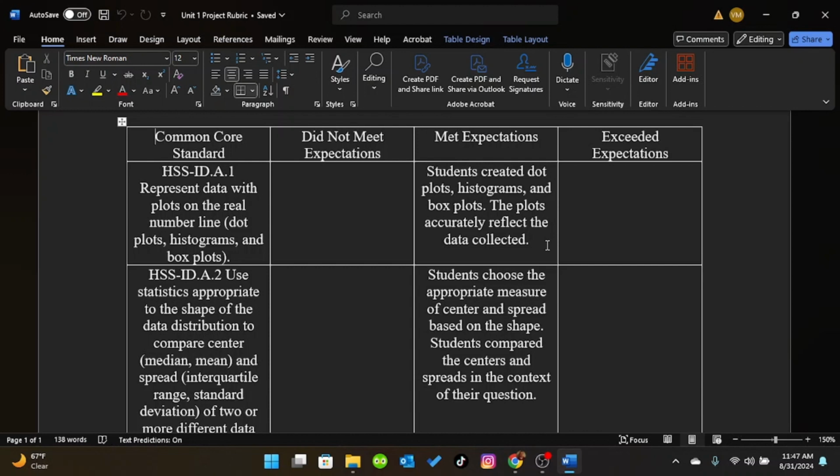Think about what you could do to make that better, easier to understand, more engaging, more entertaining. Like, what could you do to grab the audience's attention? Or what could someone else do to get your attention and make it easier for you to understand their plots? That's what I'm talking about when I say exceeds expectations.